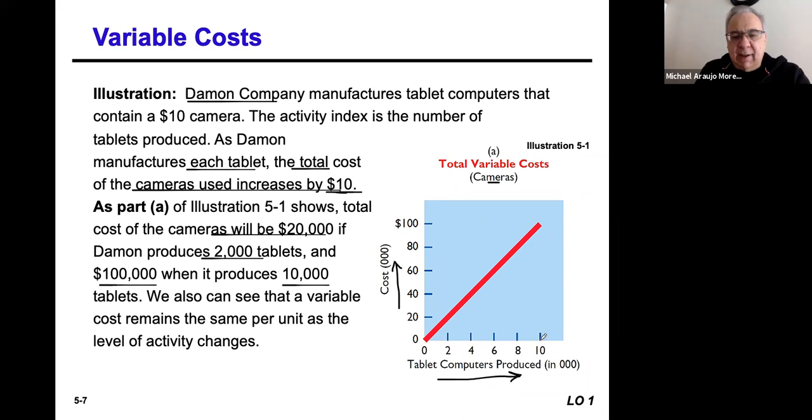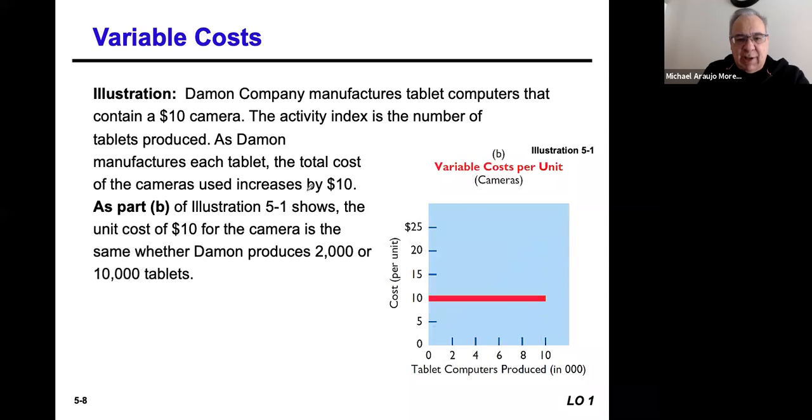10,000 tablets. And so again, the variable costs in total, this is in total, will rise with activity or decrease with activity the exact same. However, it doesn't take away the fact that each tablet has a camera that's worth 10 bucks. So regardless how many they produce, they're still going to put a $10 camera in the tablet, regardless how many.